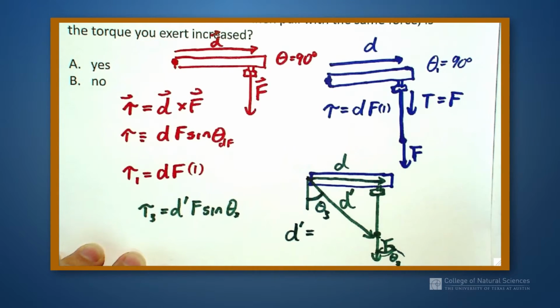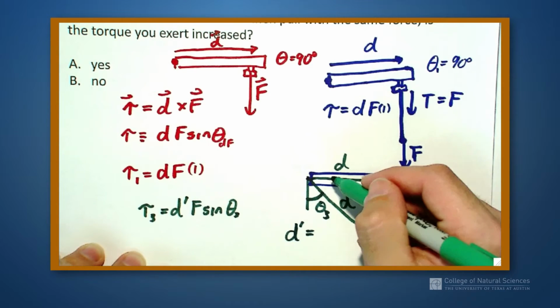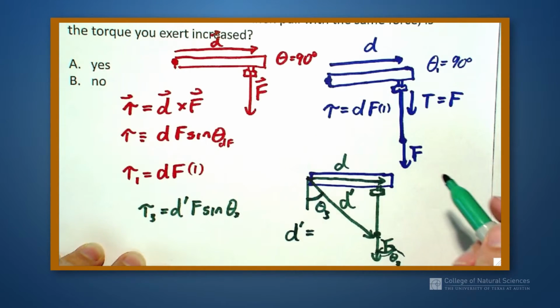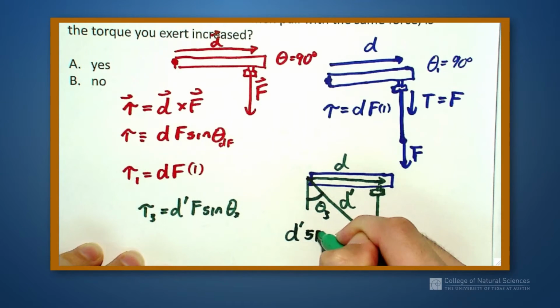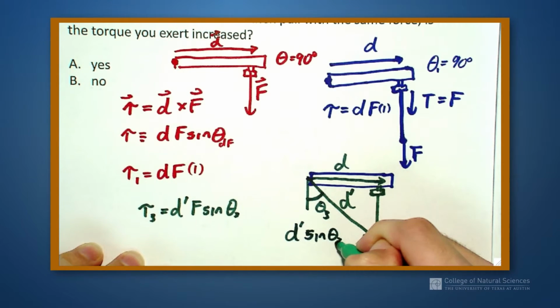So when I look at this, I have d prime times the sine of theta 3 is equal to d.